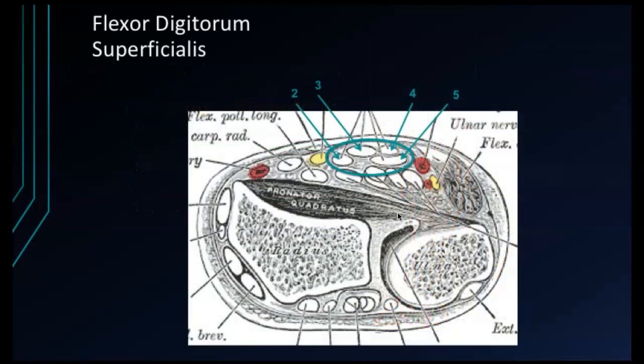Now I wanted to show you the arrangement of these tendons because we have a lot of them, right? That Superficialis muscle has the tendons for digits 3 and 4 more superficial than digits 2 and 5. So sometimes if you are looking for this in a cadaver or something like that, you would look for those tendons kind of forming a square.